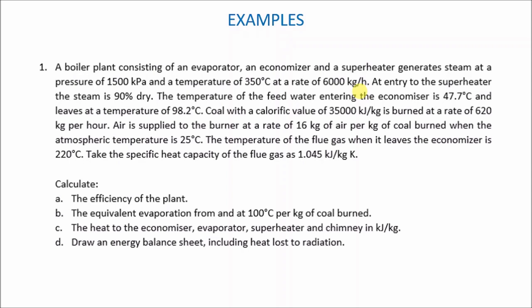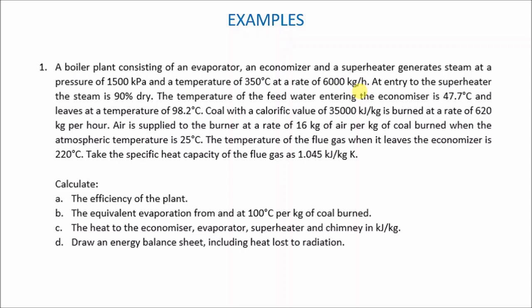Really important. Now, at the entry to the superheater, the steam is 90% dry. The entry to the superheater is the exit of the evaporator. So the steam is coming out of the evaporator and into the superheater. So when they say at the entry to the superheater, what they also mean is at the exit of the evaporator.